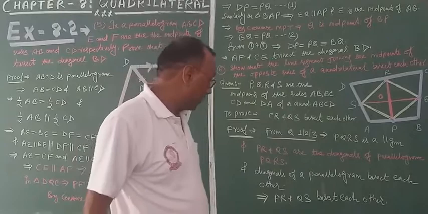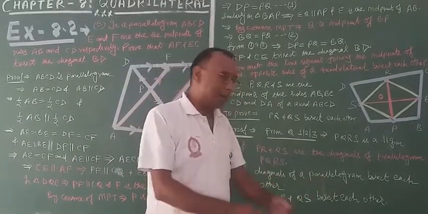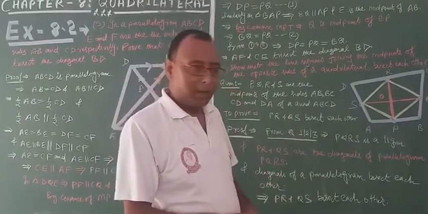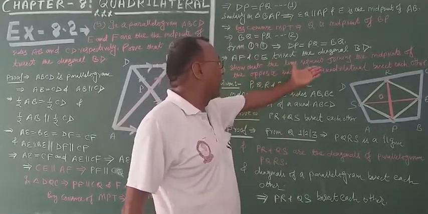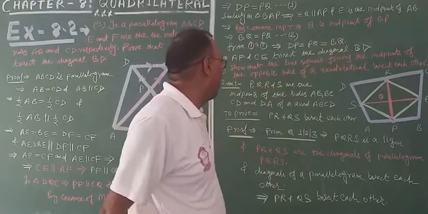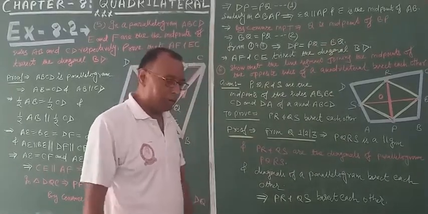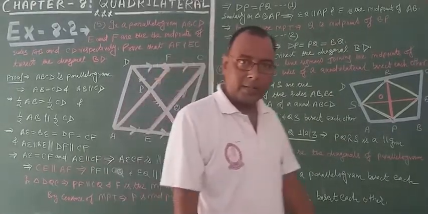Therefore, PR and QS bisect each other. And in this way, we can prove that the line segments joining the midpoints of the opposite sides of a quadrilateral bisect each other.